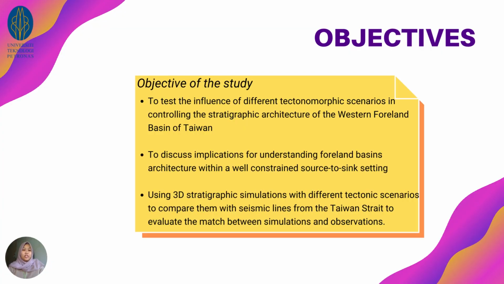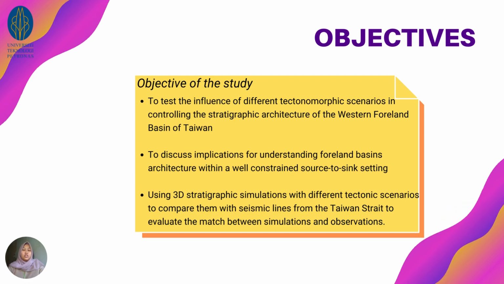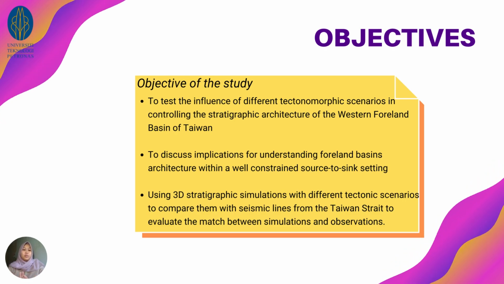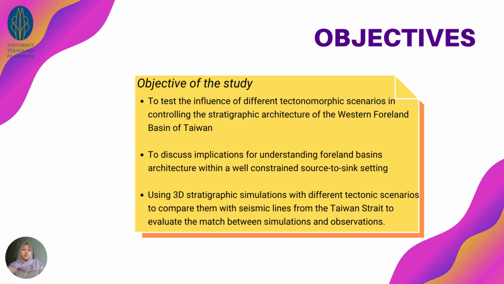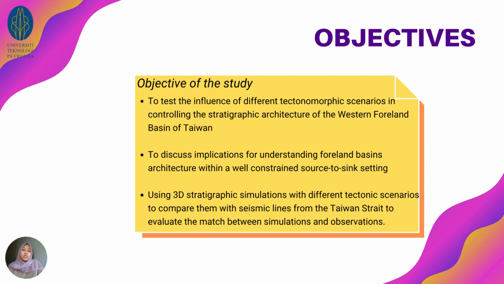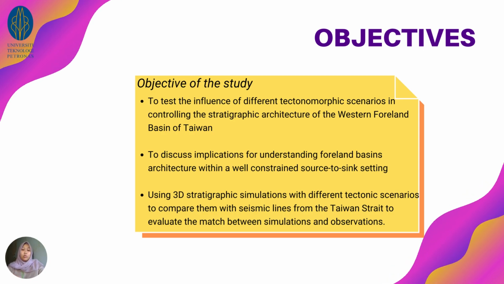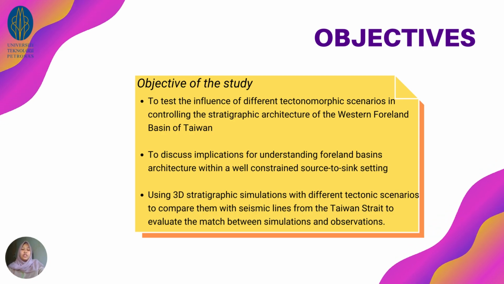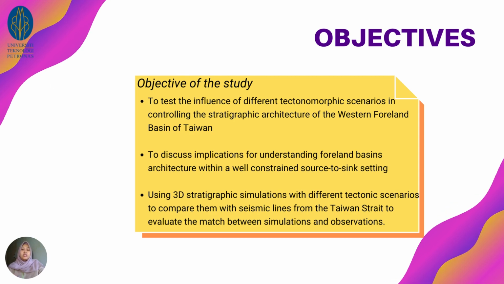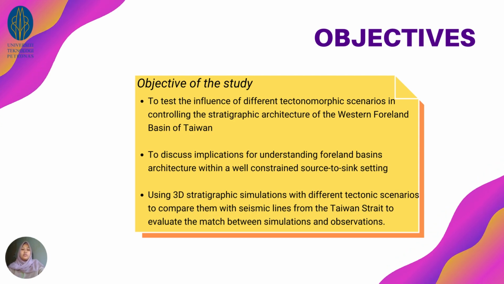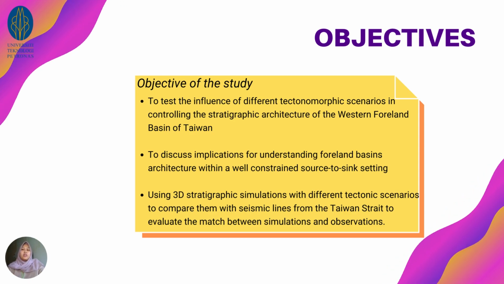For the objective, there are 3 main objectives of this paper review. That is to test the influence of different tectomorphic scenarios in controlling the stratigraphic architecture of the Western Foreland Basin of Taiwan.